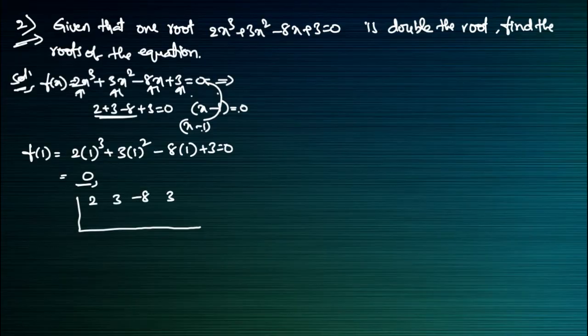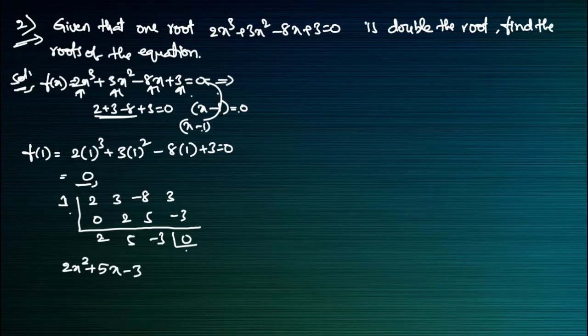Take 1: 2 comes down, 3 plus 2 is 5, 5 plus 5 is minus 3, minus 3 plus 3 is 0. So we get 2x square plus 5x minus 3 is equal to 0.